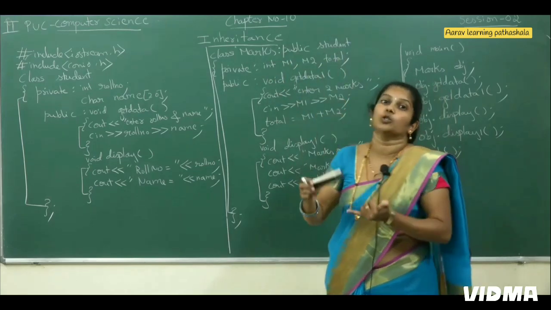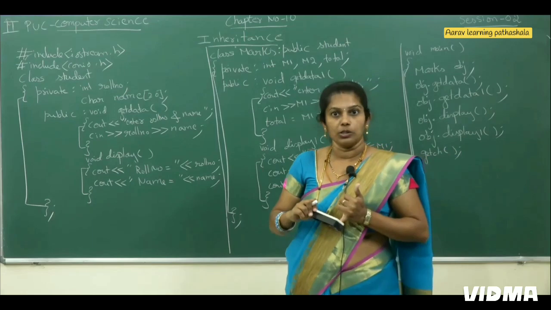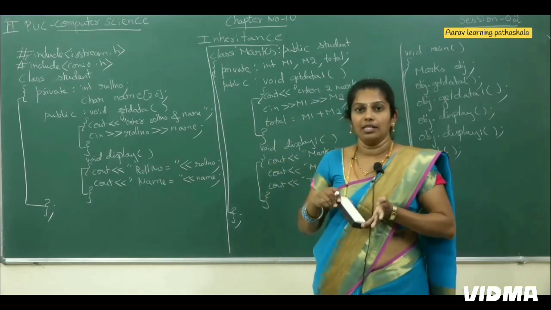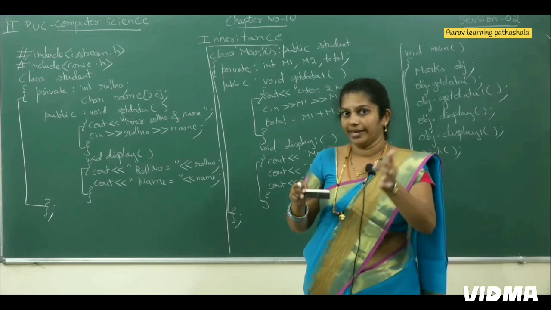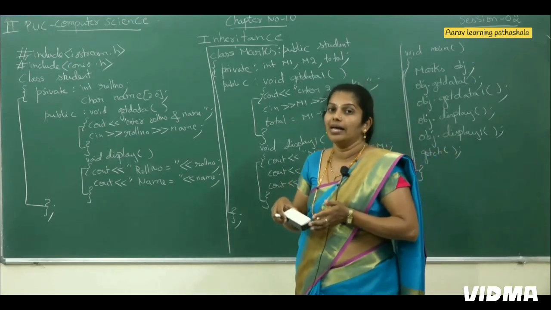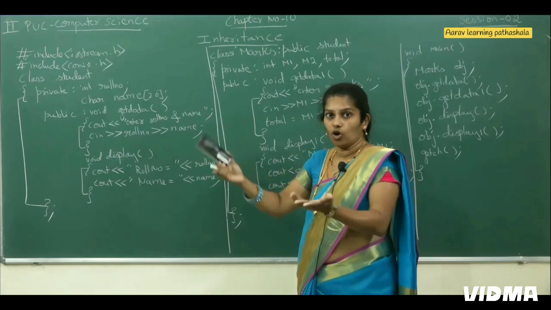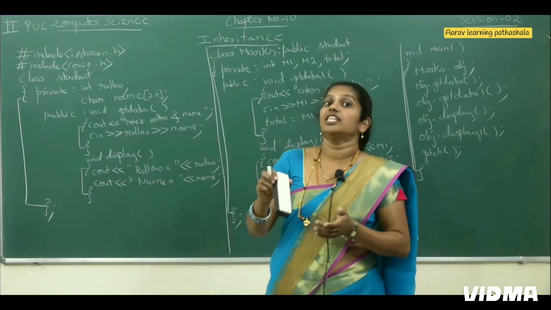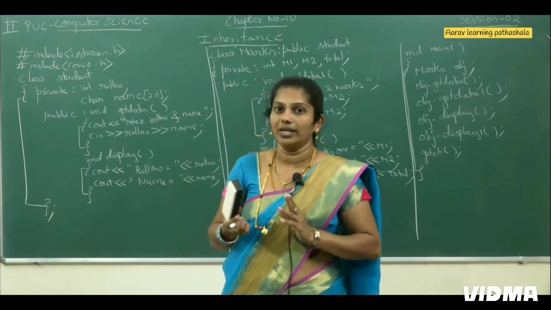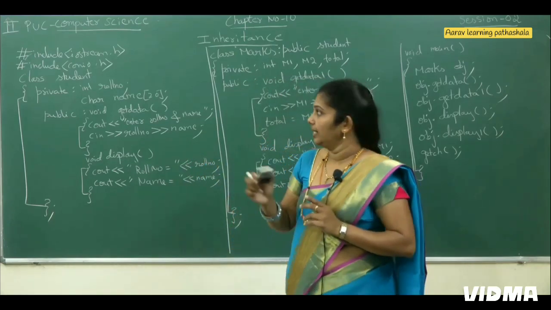So code can be reused. Since we reuse the code, obviously the time consumption will be reduced. Second advantage, memory utilization is very less. Easy to maintain, easy to extend also.